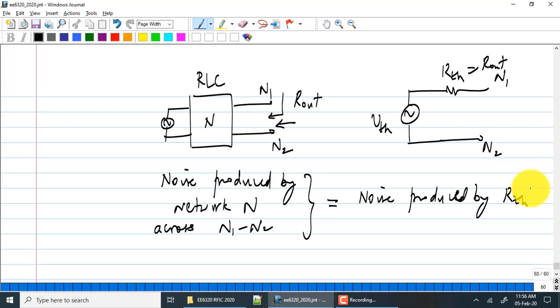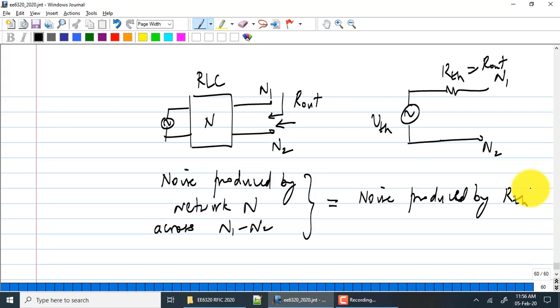So it turns out that noise also scales. If you use passive networks or circuits to magnify or reduce impedances, of course voltages will also scale. The matching network actually scales voltages.